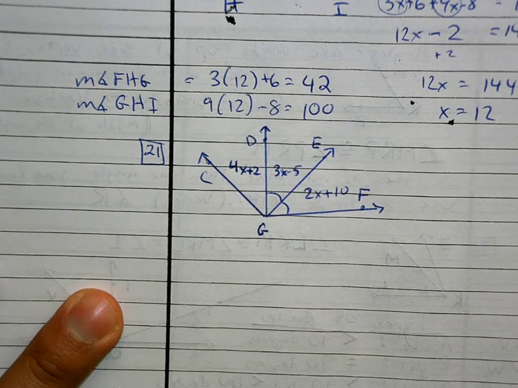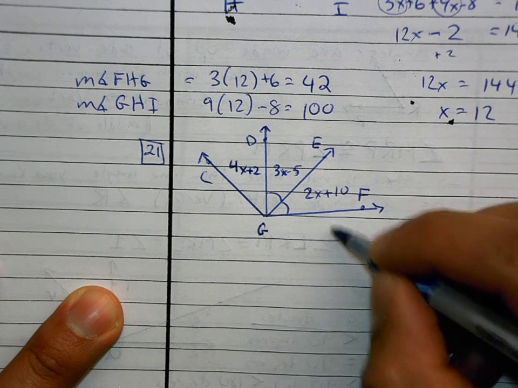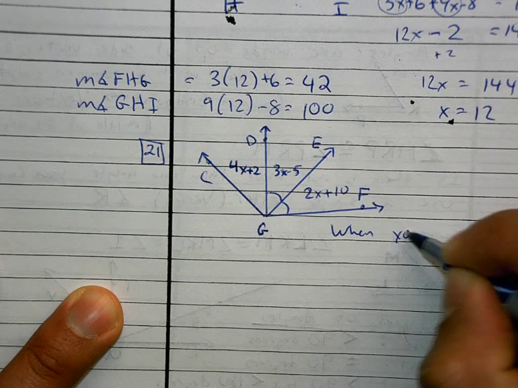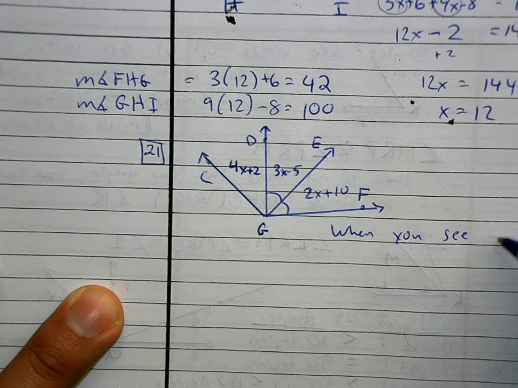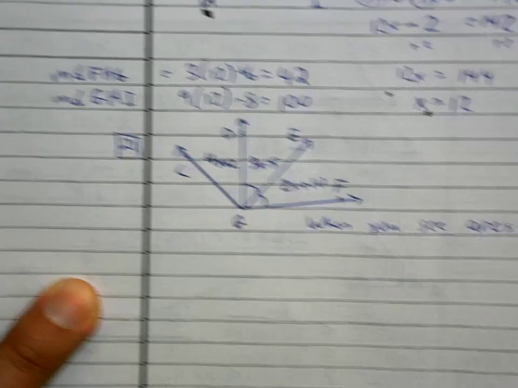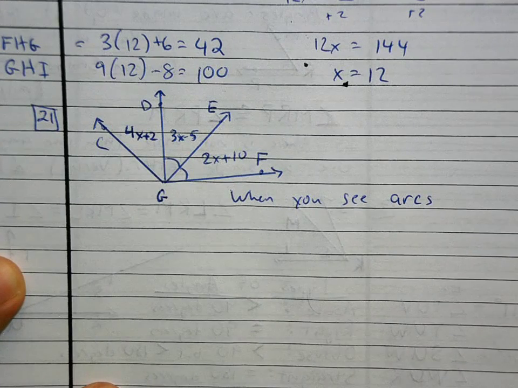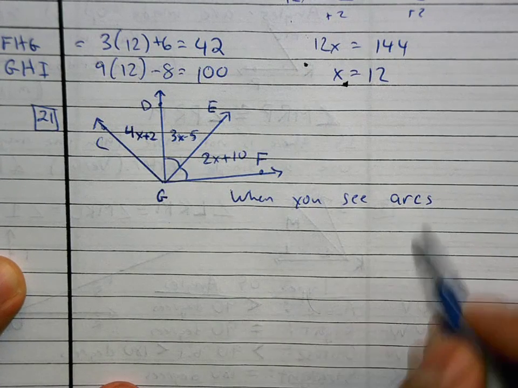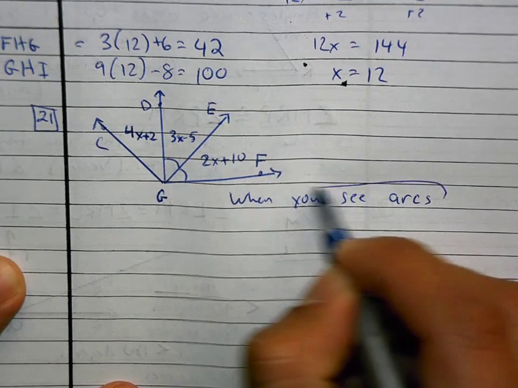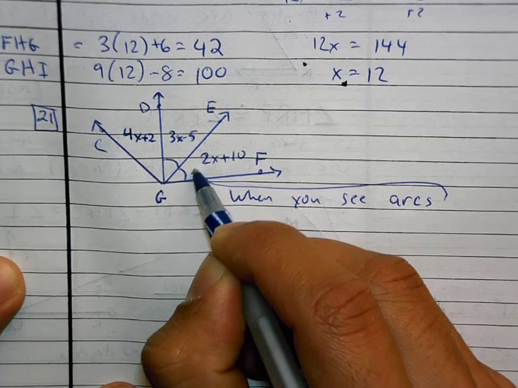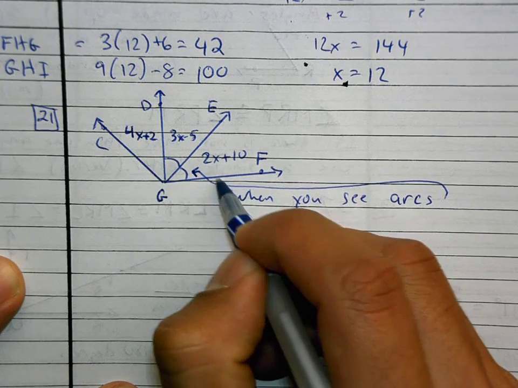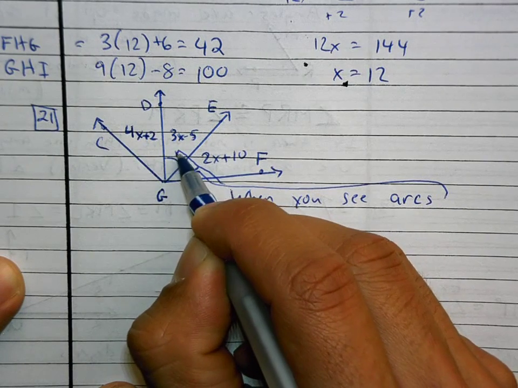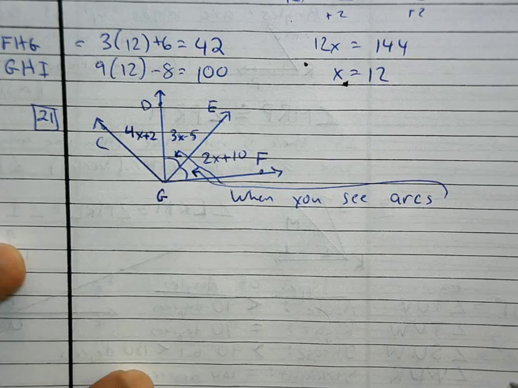When you see arcs, I'm going to highlight what I mean by an arc. When you see arcs, I'm going to draw an arrow to it. This thing and this thing. I'm going to do another one right there. Those mean something.